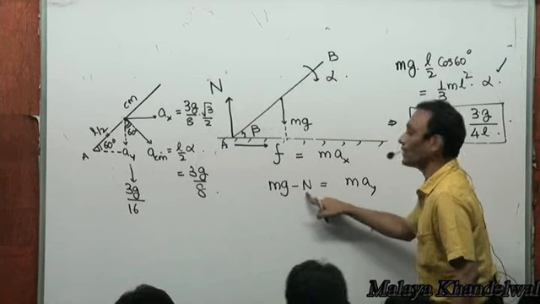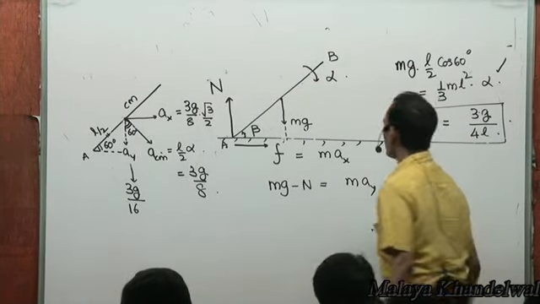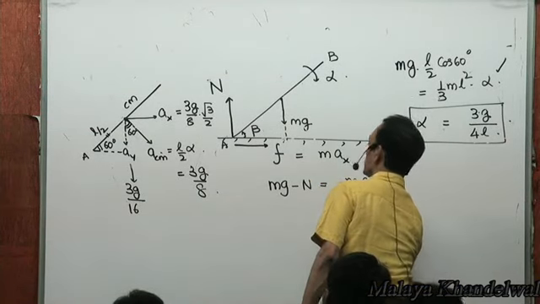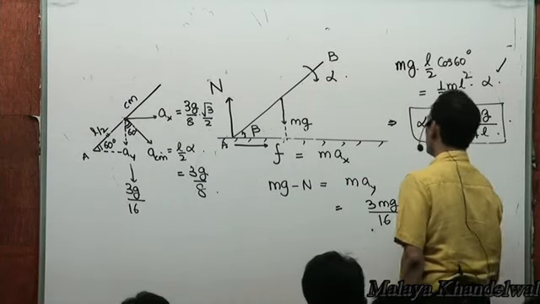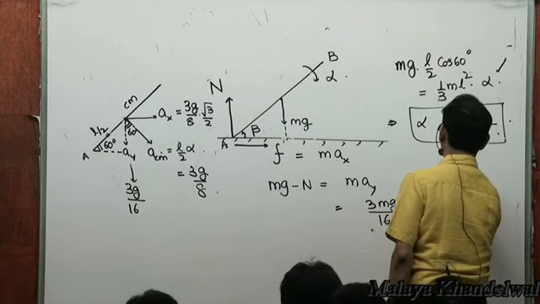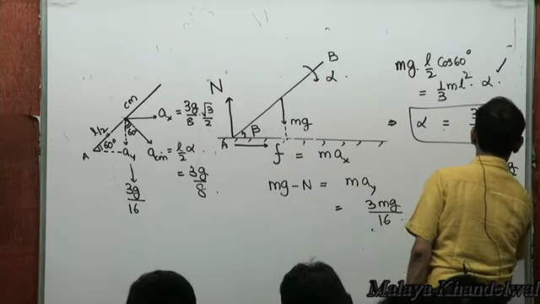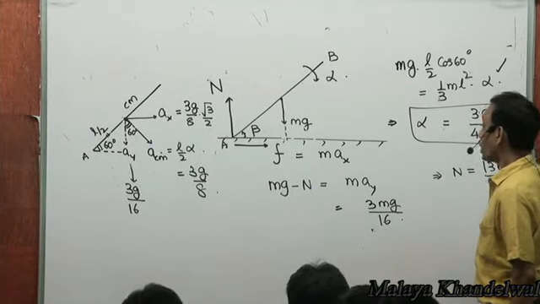Ay is known, so N is known. N is known, yes or no? So this is may, that means 3 mg by 16. So N then becomes 13 mg by 16. Is N 13 mg by 16?